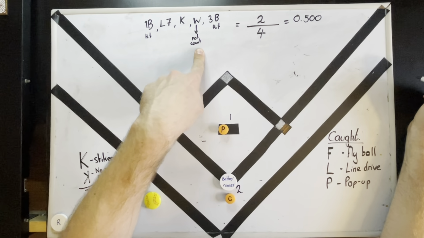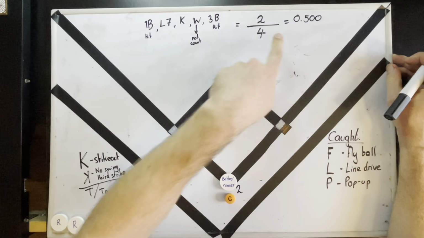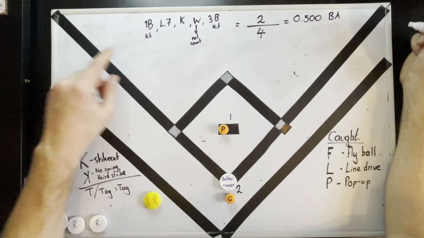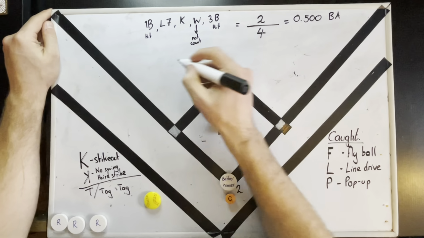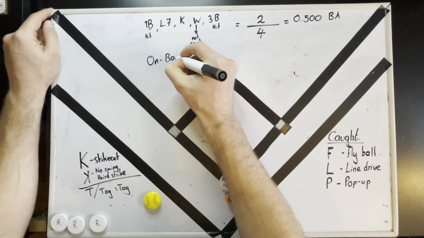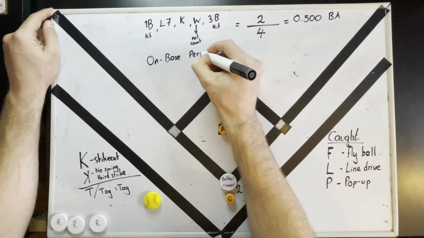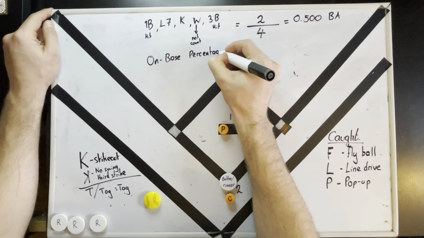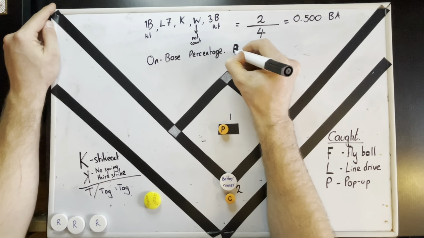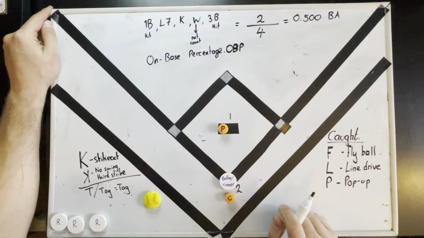So when do walks count then? If walks don't count towards my batting average, which might be a BA, when do walks count? Walks count towards something called your on-base percentage, or OBP.